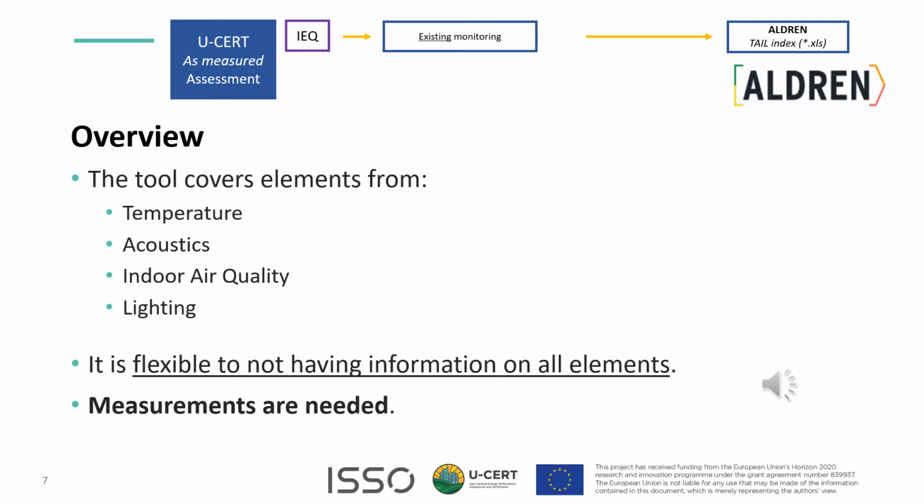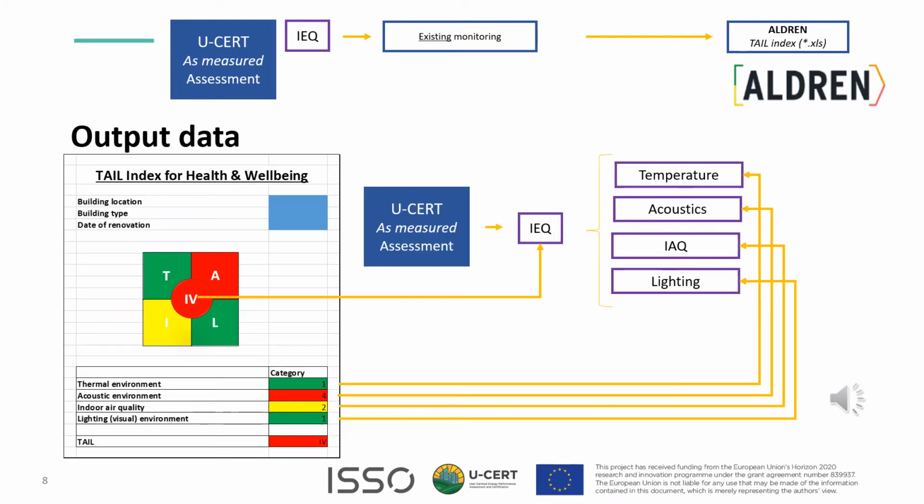So, for instance, if measurements are available only on the temperature element, it is fine. It means that that part of the whole assessment can be assessed. In the end, what is obtained as output data is a general detail index for the building covering the thermal environment, acoustic environment, indoor air quality, and lighting, an overall indicator for the whole building indoor environmental quality.